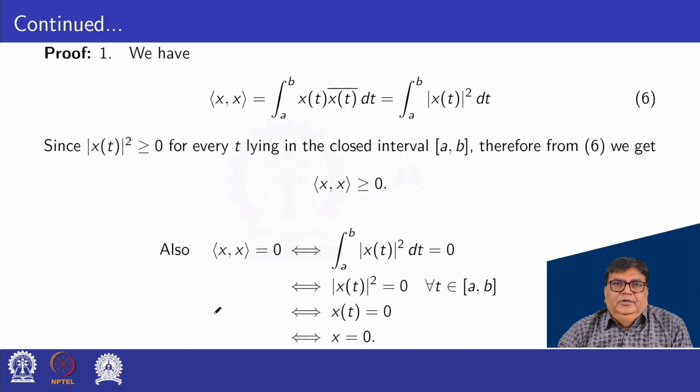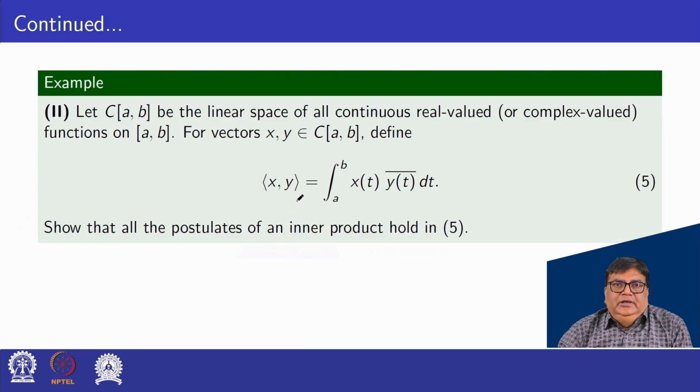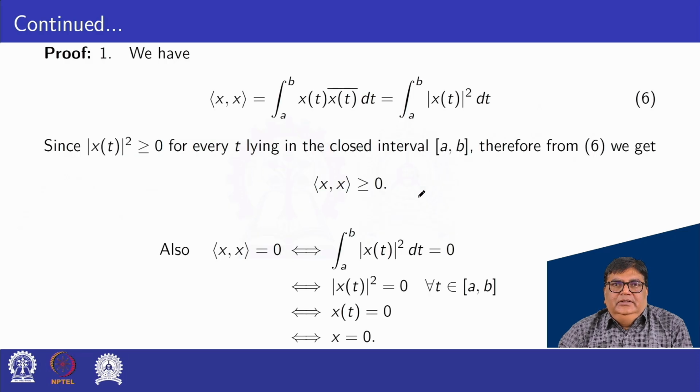Proof. First condition: here the inner product of x, x is defined as the integral from a to b of mod x(t) square dt. This is a modulus value squared, so mod x(t) square is non-negative for every t lying in the closed interval [a,b].